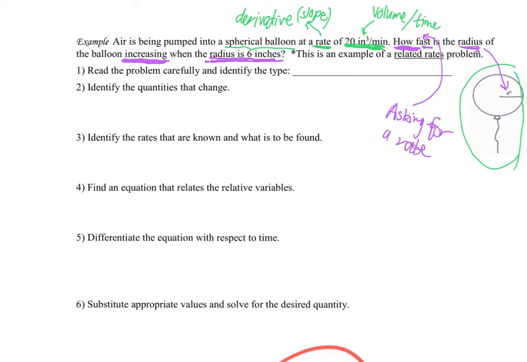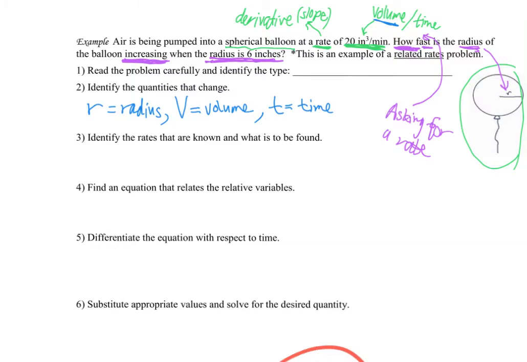Okay, so it looks like they're calling the radius R. If we're going to answer the question of what quantities are changing, we have R, which is the radius, and I'll call it capital V, which is the volume, and then we'll call time T.